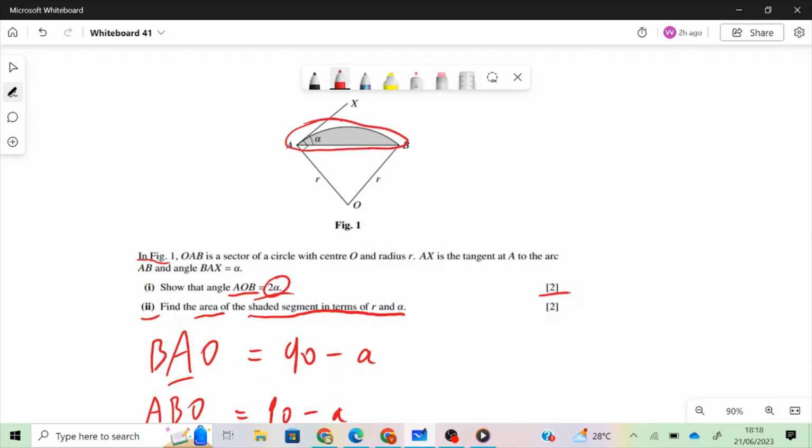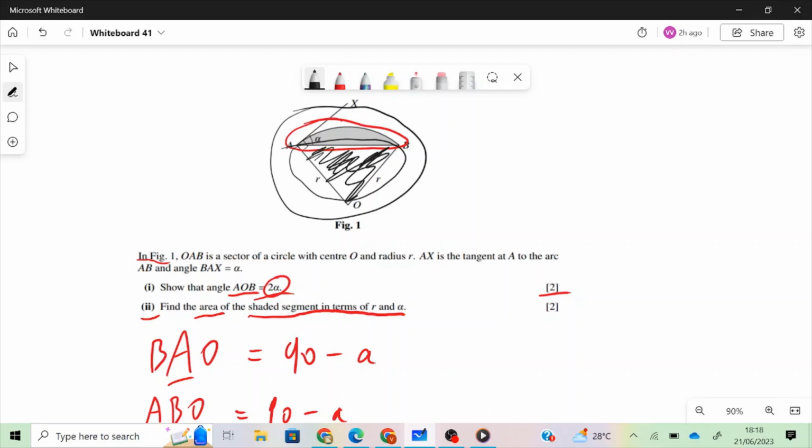We know the whole of this is a sector, and from here to here we have a small triangle inside. So if we do the area of the whole sector minus the area of this triangle, we will eventually be left with the shaded region, and that is exactly what we want.